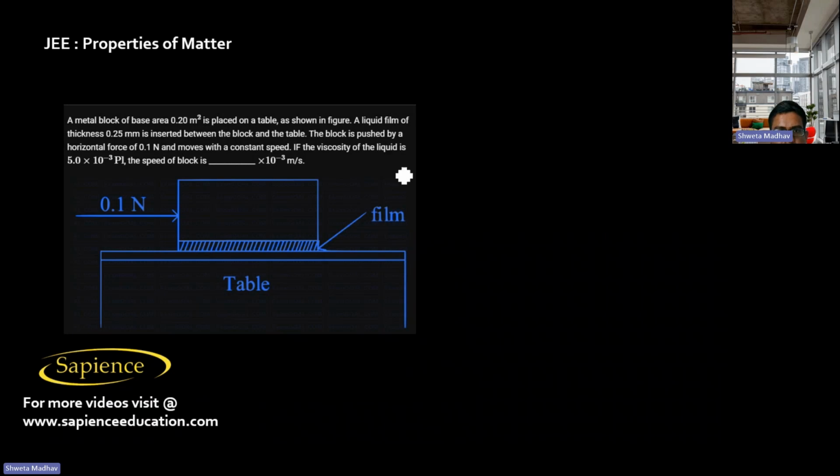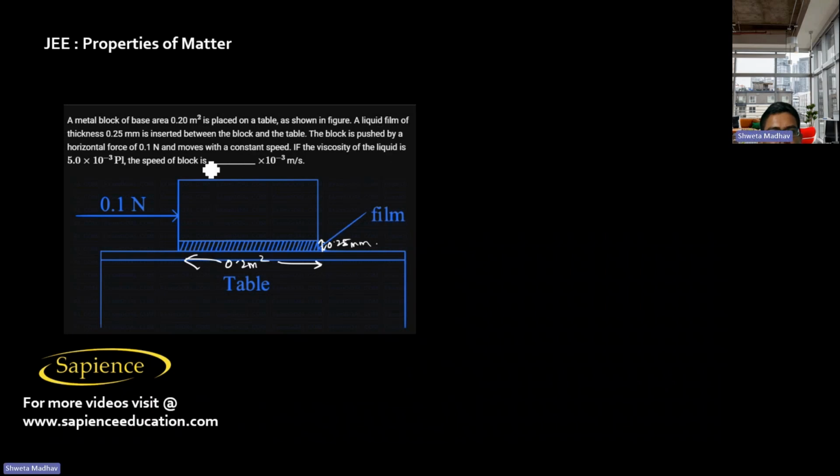So here it is told that a metal block of base area 0.2 meter square is placed on a table as shown. A liquid film of thickness 0.25 millimeter is there, and the area is 0.2 meter square.